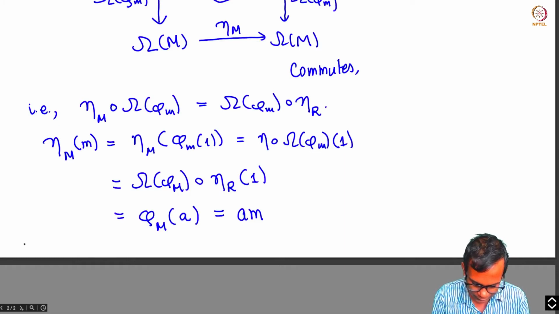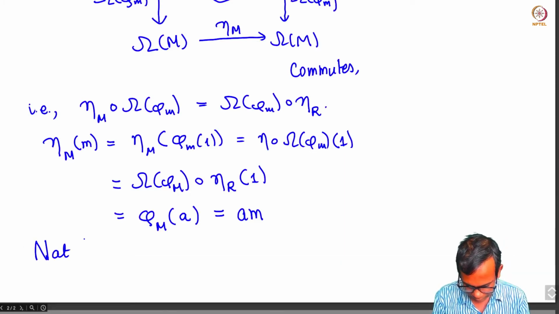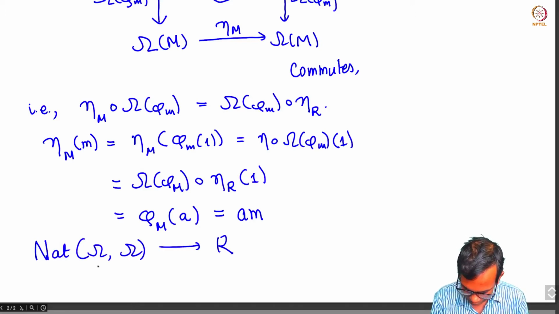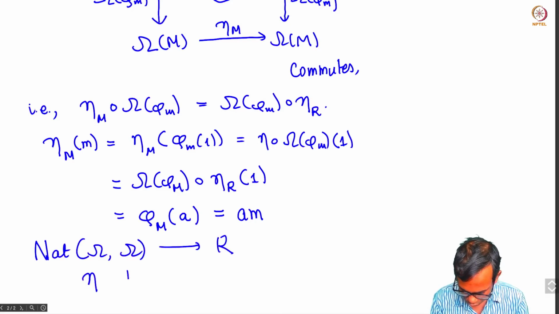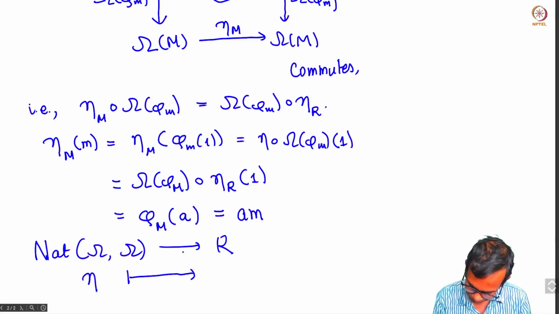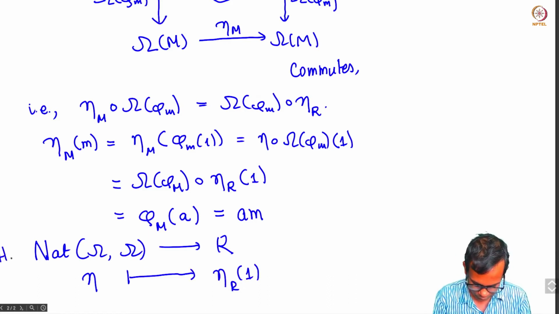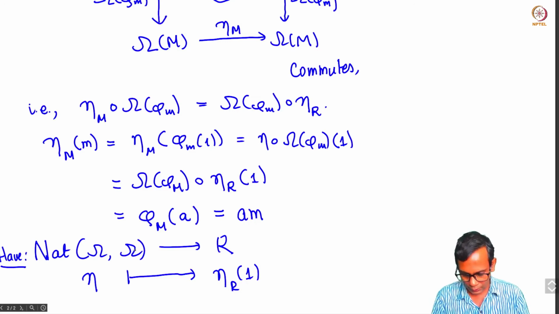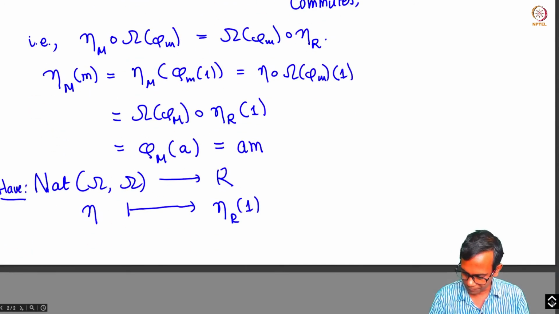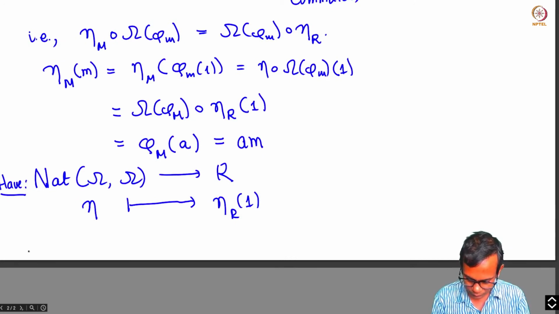What we have constructed is a function from the natural transformations of omega to R, taking the natural transformation eta to eta R of 1. Now let's try to construct the inverse of this.